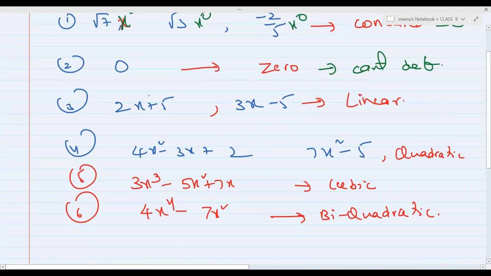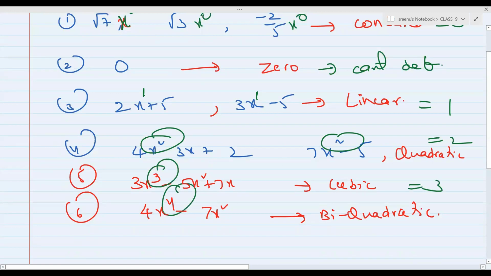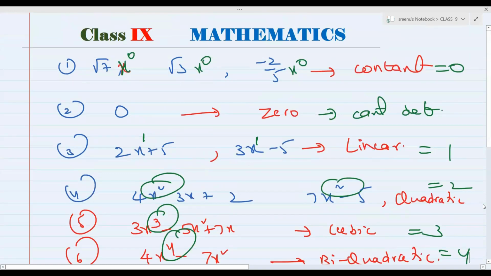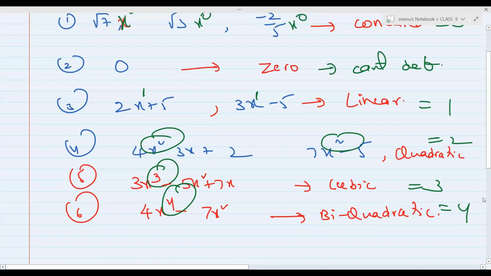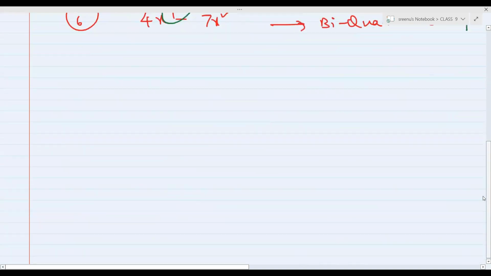And linear polynomial degree is 1. Quadratic polynomial degree is 2. Cubic polynomial degree is 3. Biquadratic degree is 4. So these are the basic concepts: constant and 0 polynomial, linear polynomial, quadratic polynomial, cubic polynomial, and biquadratic polynomial.